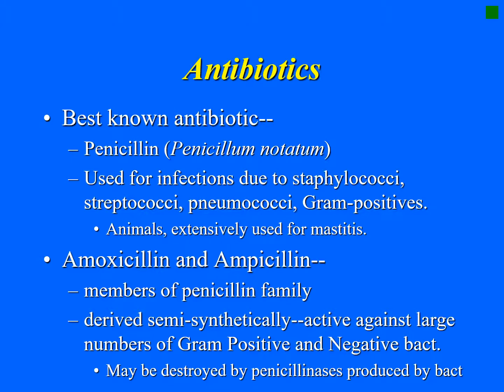They are members of the penicillin family. They are derived semi-synthetically, very active against a large number of gram-positive and gram-negative bacteria, and that's what makes them a little bit better. The problem is they can be easily destroyed by penicillinases produced by the bacteria that are there. So basically, they have their own defense mechanism that can destroy them. That's kind of the negative.